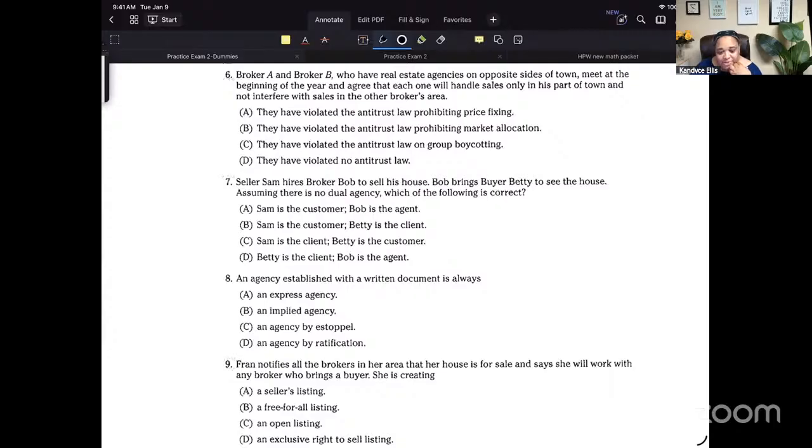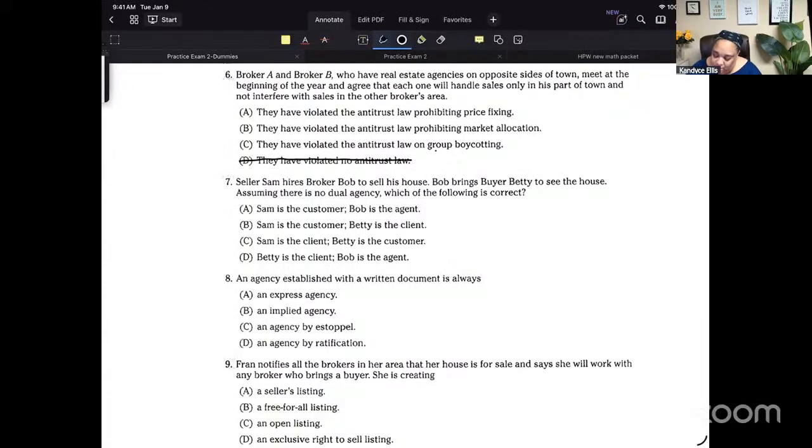So what are we thinking is the answer? Okay, so maybe we need to break this down. Well, I can tell you right now, they have violated an antitrust law.